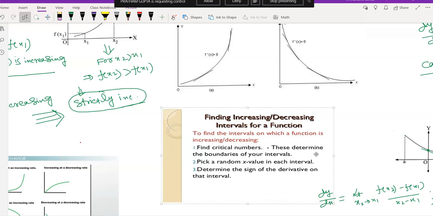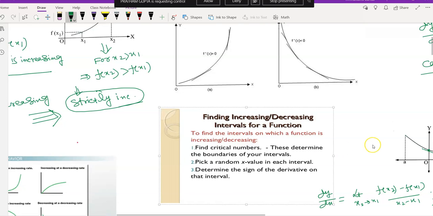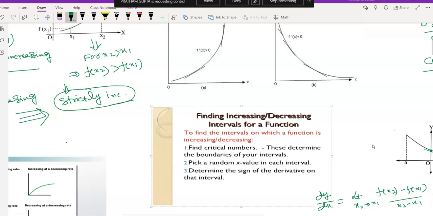First, you will find the critical numbers or critical points. This term is in use, at least I will be using it. In maxima and minima also, this will be referred to as a critical point or critical number.